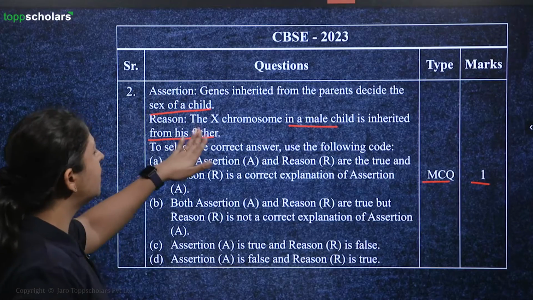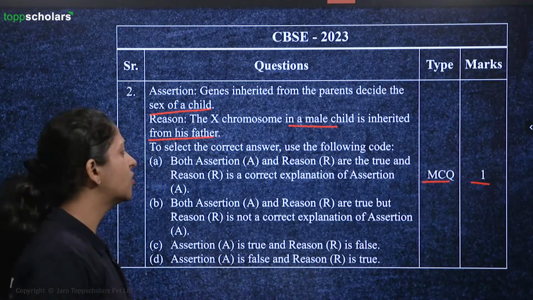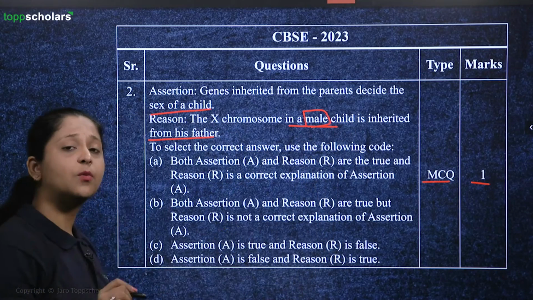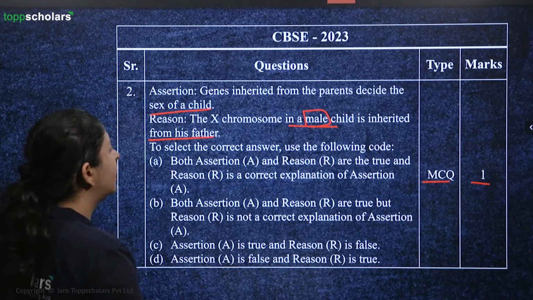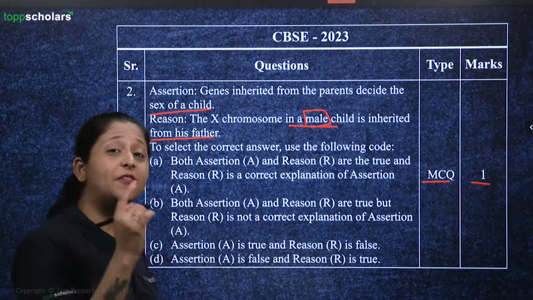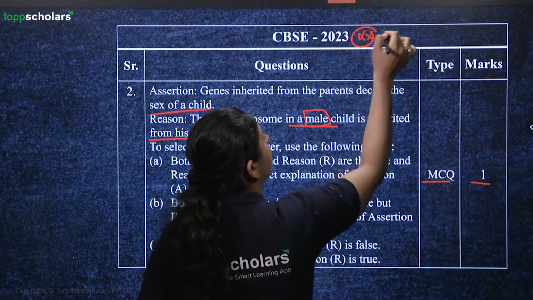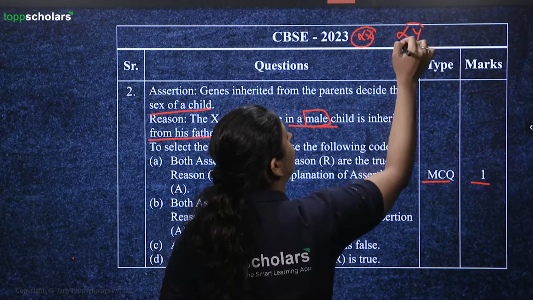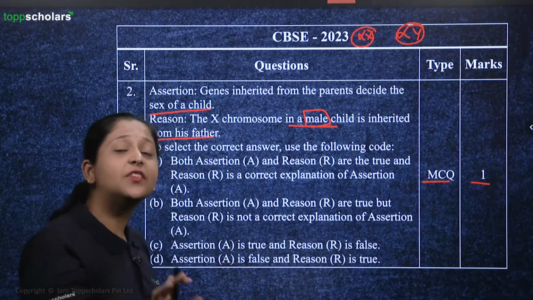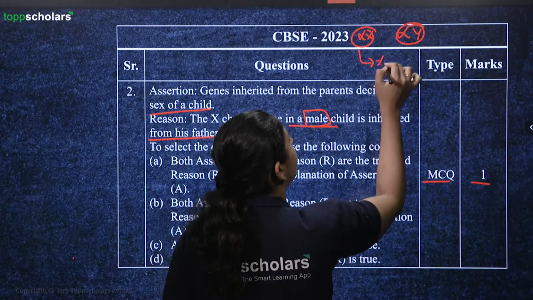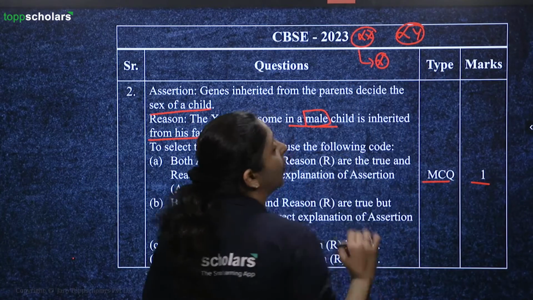But if you read into this, with just the basic knowledge, the X chromosome in the male child is inherited from his father. A female has the chromosomes X and X, correct? The male has X and Y. The gamete provided by the female will always be X, be it a girl or a boy.